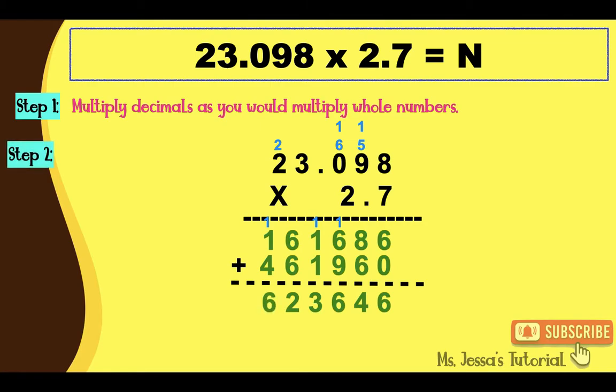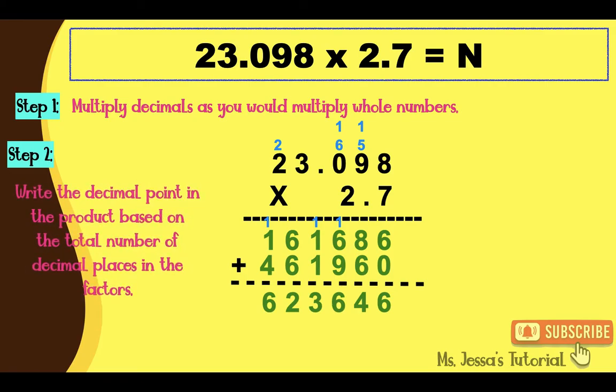So now, let's proceed to step 2. Again, in step 2, write the decimal point in the product based on the total number of decimal places in the factors. So for the first factor, we have 3 decimal places, while on the second factor, we have 1 decimal place, with a total of 3 plus 1, that is 4 decimal places.